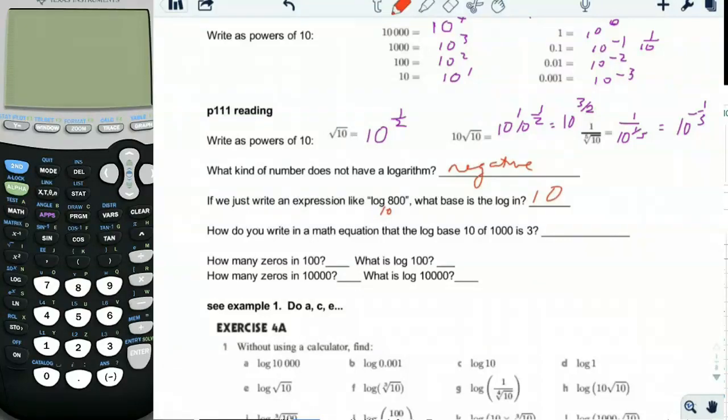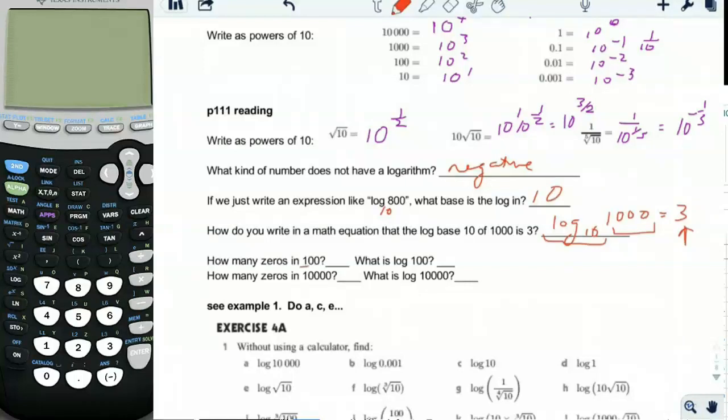I would write that the log base 10 of 1,000 equals 3. And basically what log base 10 is doing is saying how many zeros are there in 1,000? For powers of 10, that's basically what it says. So in this case, we have 3 zeros, so the answer is 3.